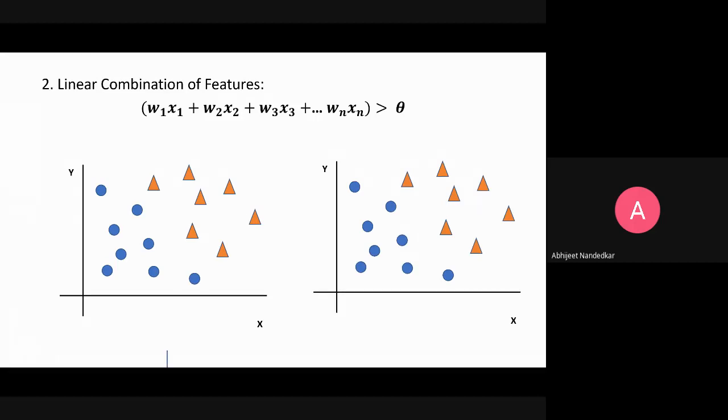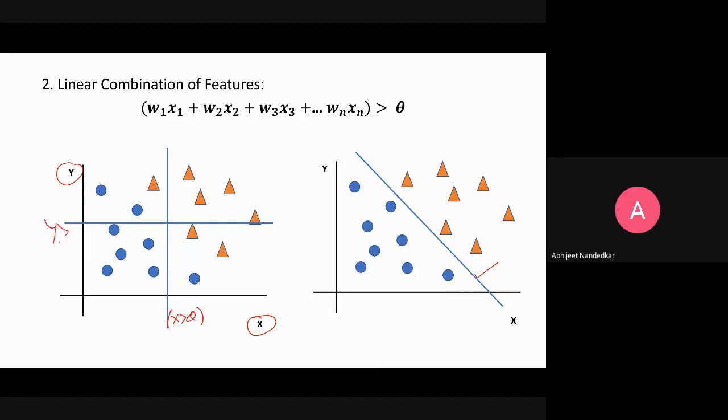So I need to have a line like this, which is bifurcating these two classes properly. So a single check, that is, if I check with respect to x or with respect to y, that is, an x greater than theta kind of test or a y greater than theta kind of test, is not sufficient for this problem.